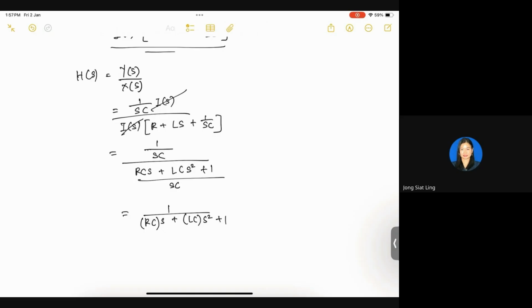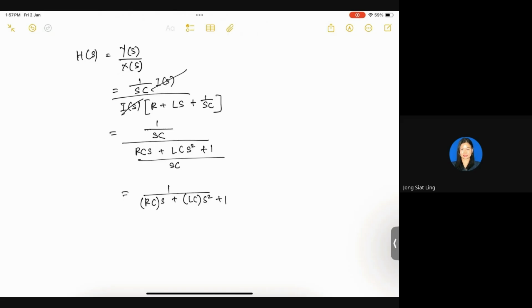Okay, so this is the H(s). If you want to rewrite, you can, and if you just leave it like this, also no problem. If you want to make the s square at the front, this one we have the LC, so make sure every term is divided by the LC.